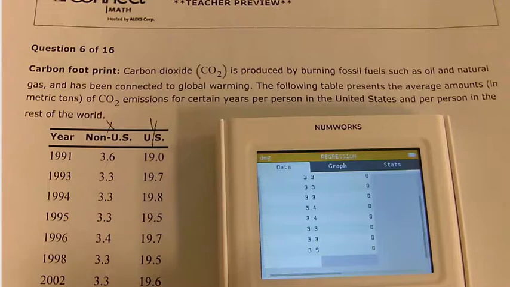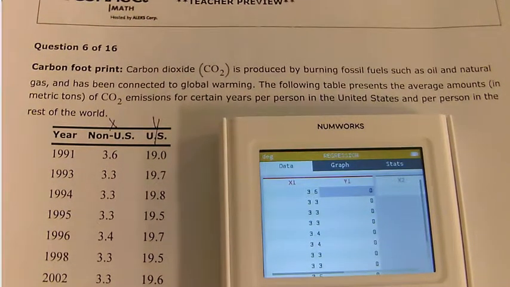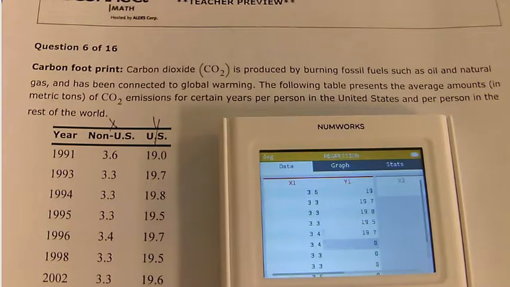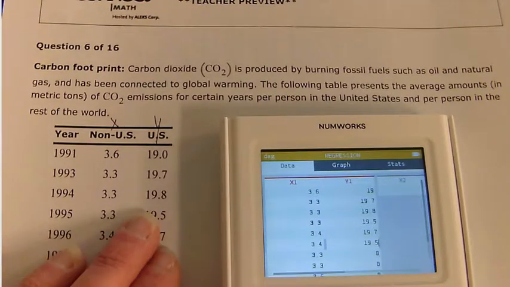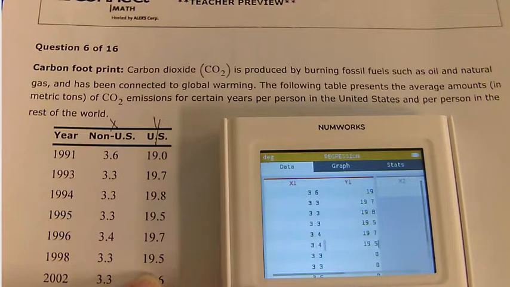And then I would go to the Y column and type in those. 19.7, 19.8, 19.5, 19.7, 19.5, making sure, I think I got off somewhere, 19.7, 19.8, 19.5, 19.7.